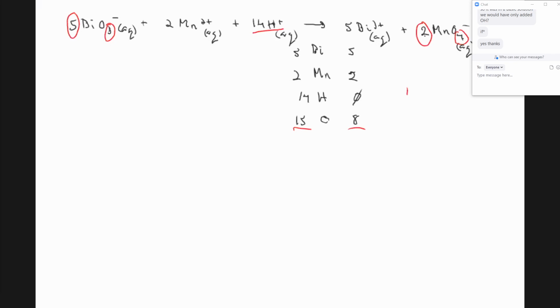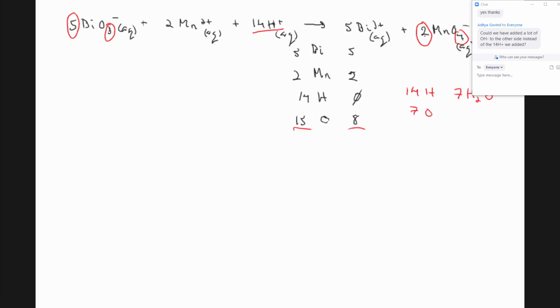The difference was 14 hydrogens and 7 oxygens. Sorry, students were messaging me, how did we get 7 from that? I was like, how much ratio of H2O can we make? We have 7 oxygens. I think there's going to be 7 water molecules, right? And there's exactly 14 too, which makes it so perfect.